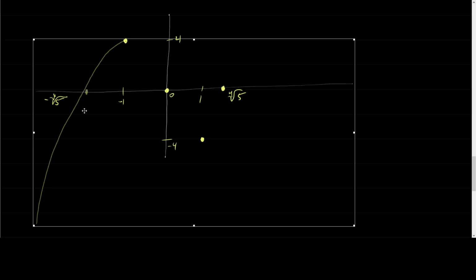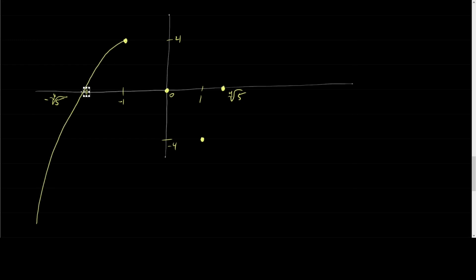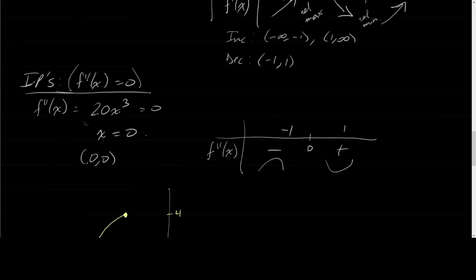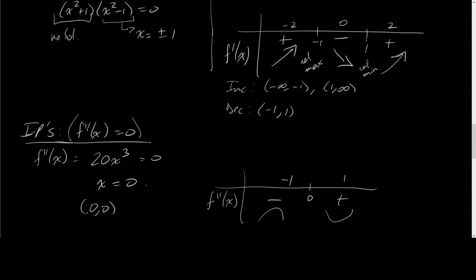And then after that, what do we have? Sorry, I'm fighting with technology over here. After -1, from -1 all the way up to 1, we are decreasing. But from -1 all the way up until 0, it's still concave downwards.